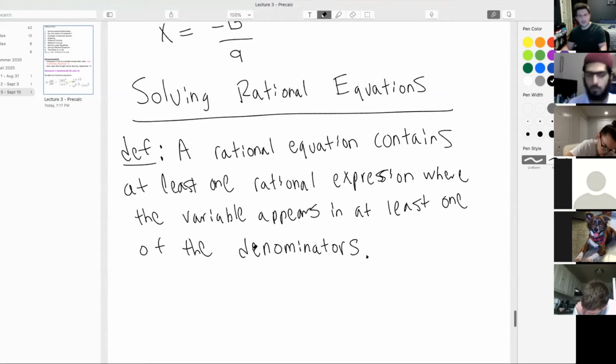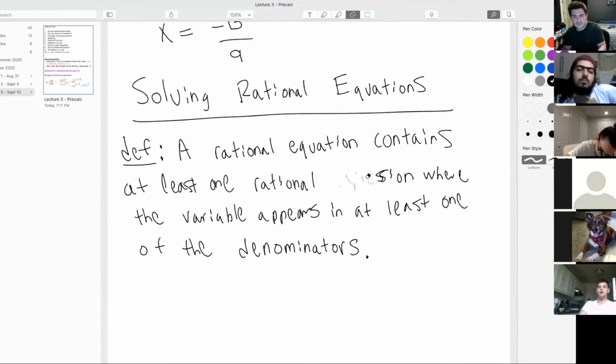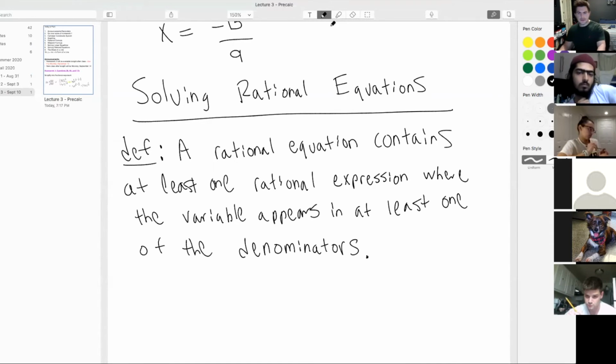All right, I wrote this a little sloppy, let me just rewrite this. Okay, so it's an equation, so there's an equal sign. There will be a rational expression present, which means there's going to be a quotient of polynomials, and you'll have a variable in one of the denominators. Okay, so that's the abstract definition.